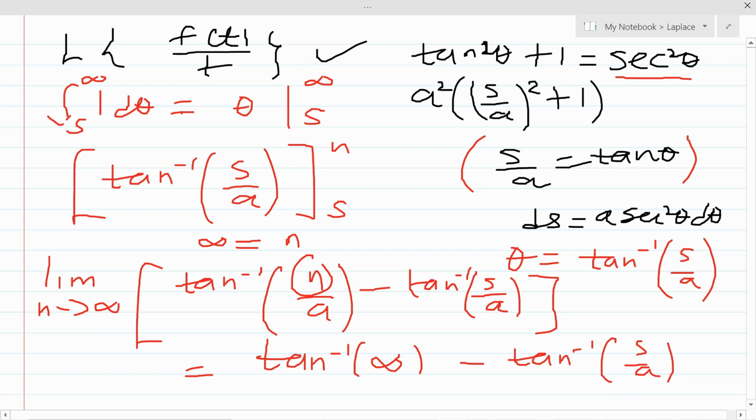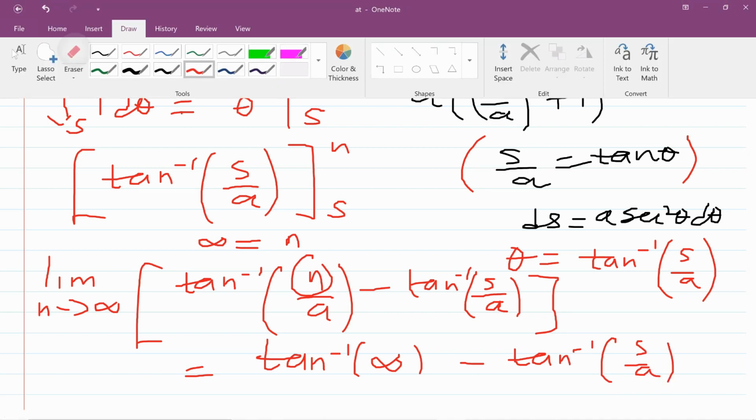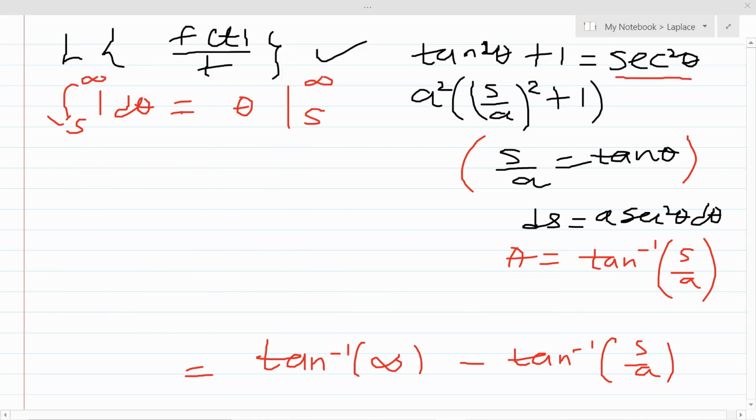Okay, so let me erase some parts. If you could remember, tan of pi on 2, that is tan of 90 degrees, is actually infinity. So it means that tan inverse of infinity will give us pi on 2, then minus tan inverse of s over a.